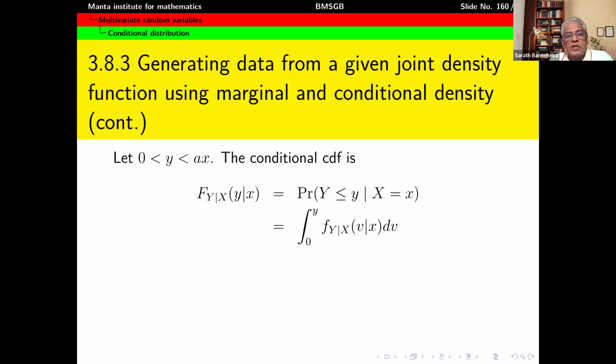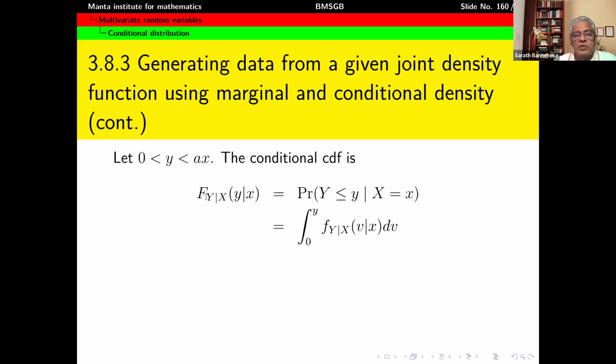Now we are going to look at the conditional CDF of y given x is equal to some value simple x, right? That will be denoted by capital F_{Y|X}, using the same notation as previously, when we were discussing the density.